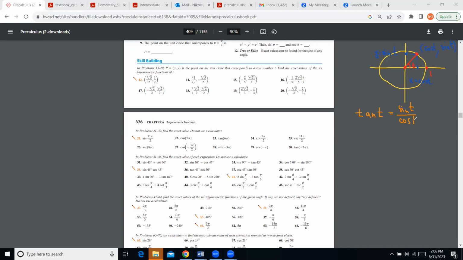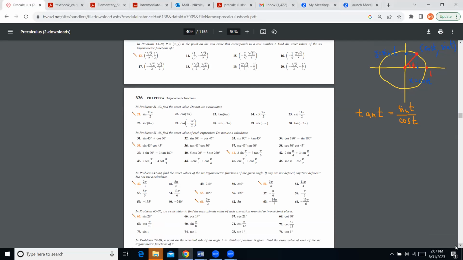So let me try to just refresh your memories, because I don't think I asked you to do exercises related to the quiz for that. So maybe I can find something that has tangent in it, like problem number 36 I just saw, and simplify it.